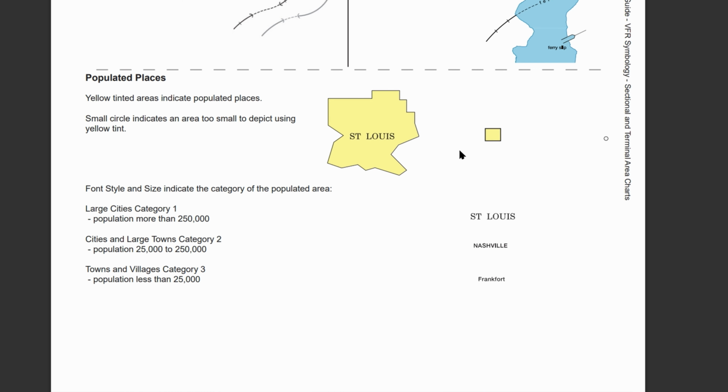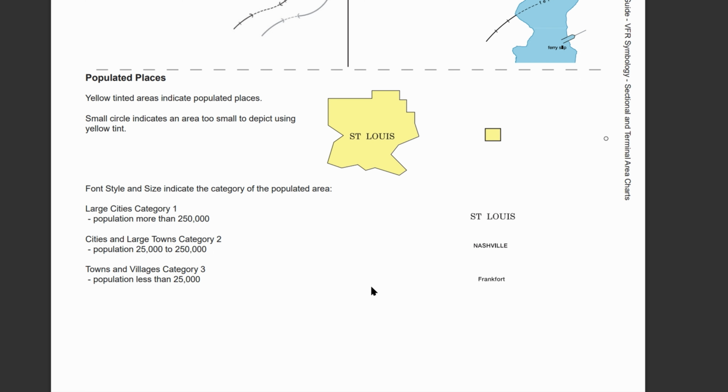If you have populated places, the place will be in a yellow tint, or it'll have a circle, and that will be in a yellow tint if the area is too small. You have three categories when describing towns or cities or villages. Category 1 is the largest. Large cities are category 1, where the population is more than 250,000. Cities and large towns are smaller than cities.